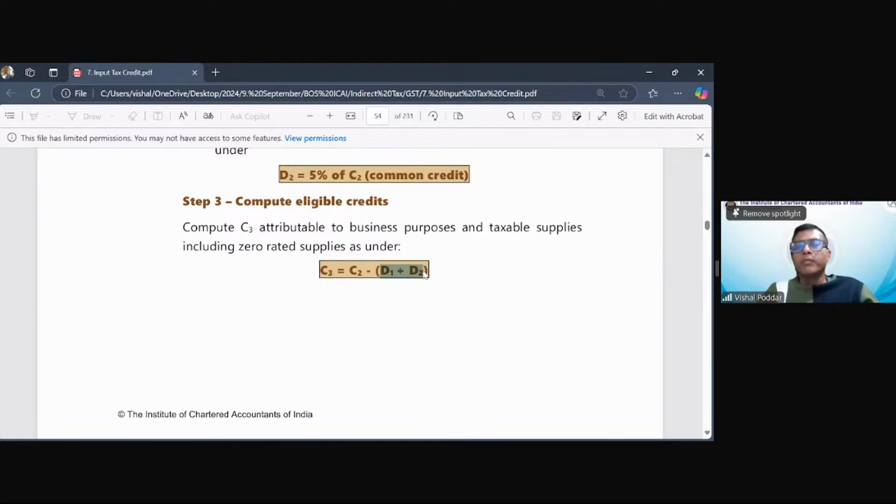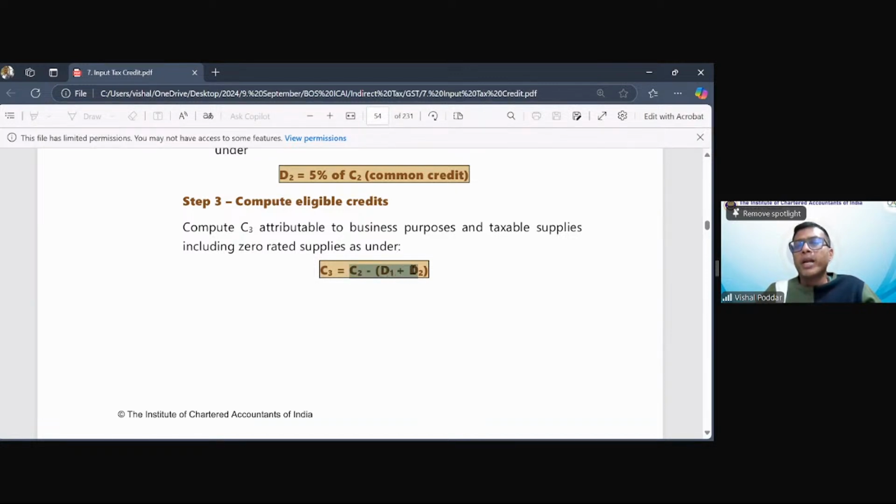Now, the total of this is the ITC out of common, which is not eligible. Now find out what is the balance common ITC which is eligible. So C3 is the balance ITC out of common ITC which is eligible. And how do you find out C3? C2, what was the common ITC we calculated above?